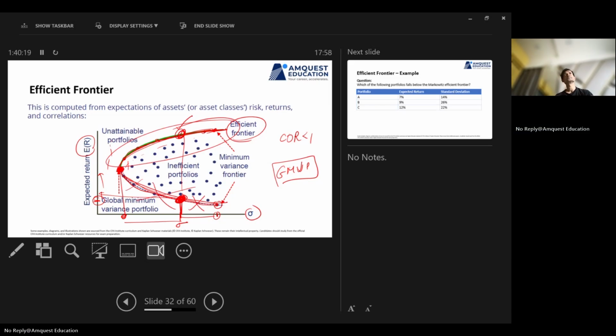Clear? So I hope you understand the meaning of the efficient frontier. It is the points above the GMVP. Clear? So you got the definition of the efficient frontier. It is all the combinations of assets that lie above the GMVP.